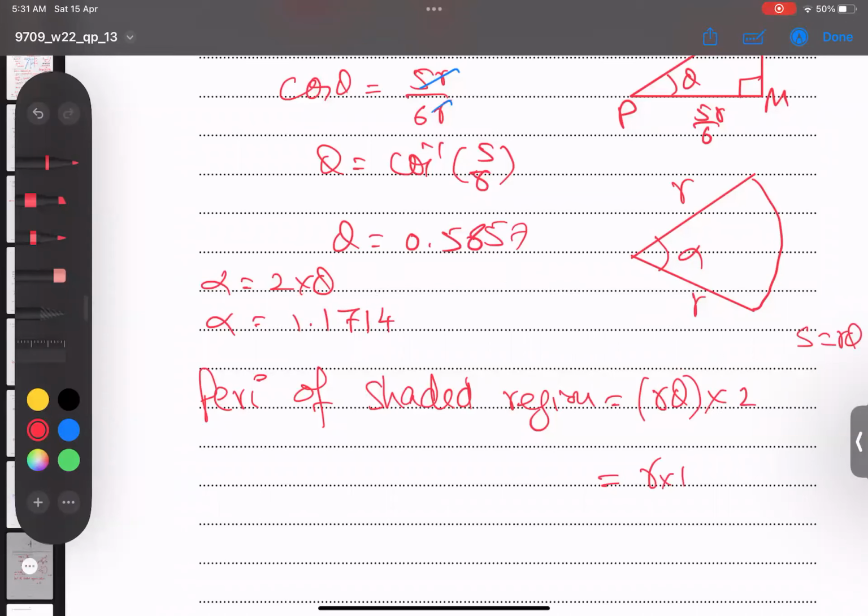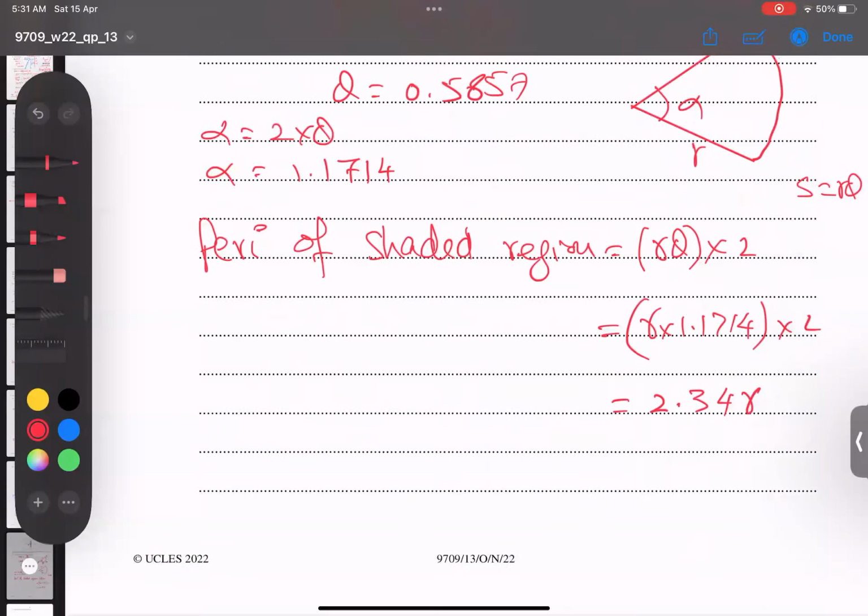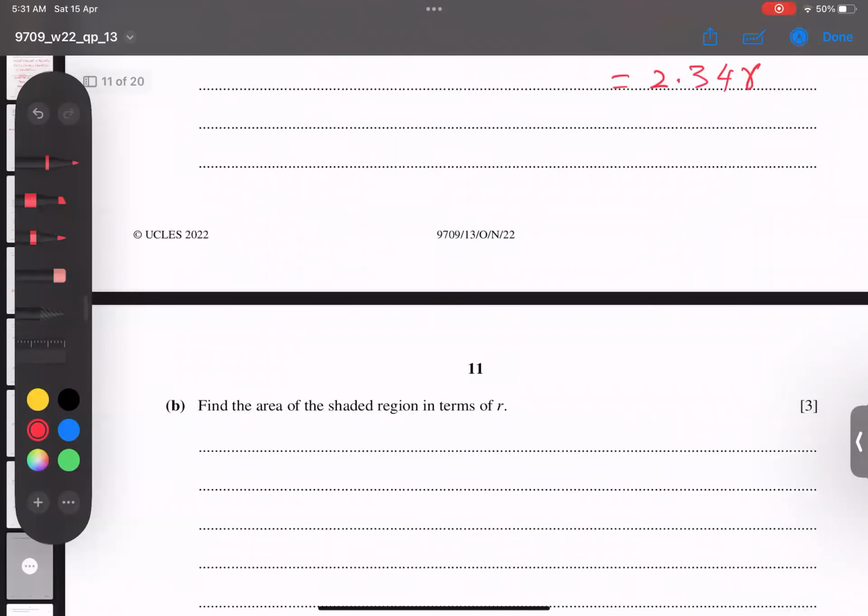So R times 1.1714, and times 2. When I check it, 1.1714 times 2, I'm getting the answer 2.3428. So this is my answer for the first part, and I believe you got the idea very well. Next part: area of the shaded region.